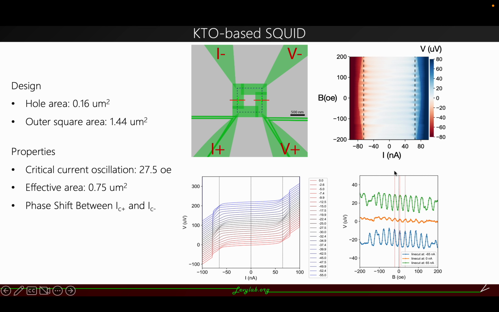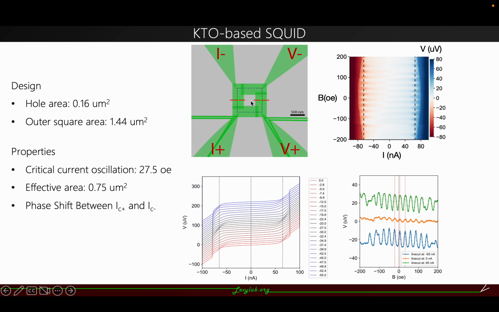You can see the critical current modulation here, and if you sit at this particular current and monitor voltage while changing the field, you can see the voltage oscillation. The period of the oscillation is 27.5 Oe, and it corresponds to an effective area of 0.75 micrometer squared, which is a little bit larger than our middle hole area.